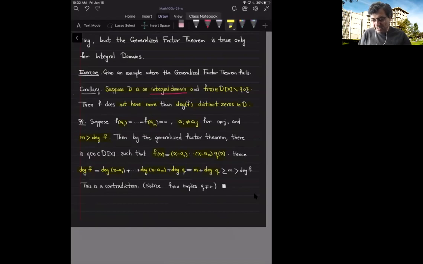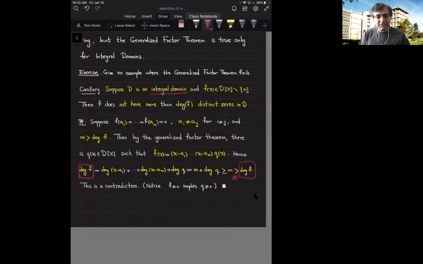And notice, because f is non-zero, q cannot be 0. So the degree of q is definitely a non-negative integer, which means m plus degree of q is at least m. But m was supposed to be strictly more than the degree of f. Now all together, we are deducing that the degree of f is more than the degree of f.